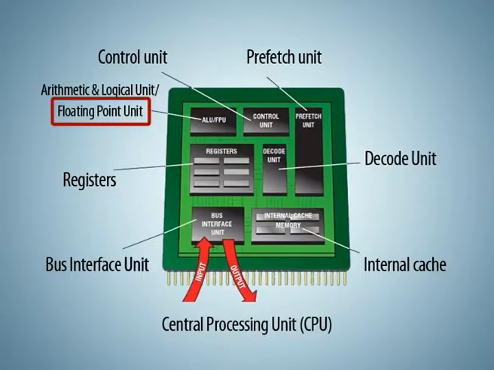These operations are also used to compare numbers and find out if the given numbers are equal, greater or less. The arithmetic operations involving decimal numbers are performed by the floating point unit, FPU in short. Most CPUs today have multiple ALUs and FPUs that work together concurrently to perform various arithmetic operations.